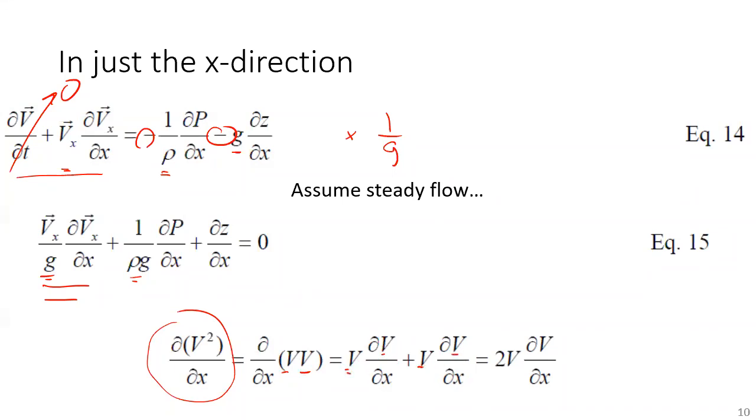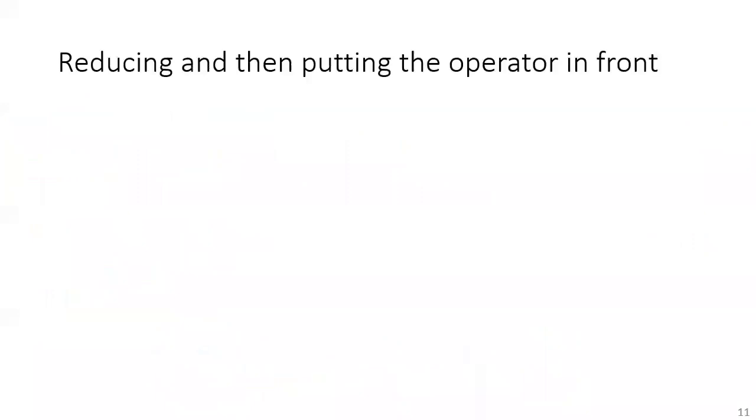So the derivative of v squared dx is 2v dv/dx. And over here, we just see 1 v dv/dx. And so this term is equal to 1 over 2g d(v squared)/dx. Okay. So we're just going to make that substitution.